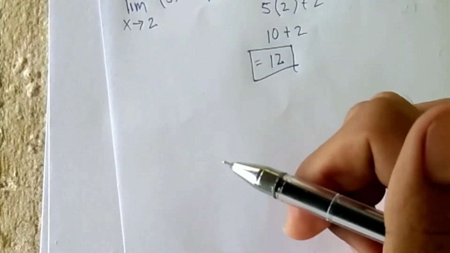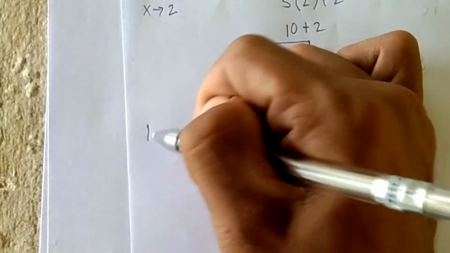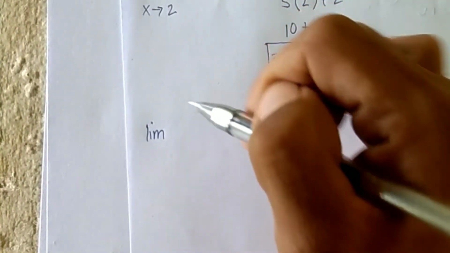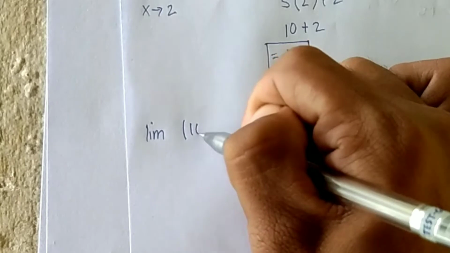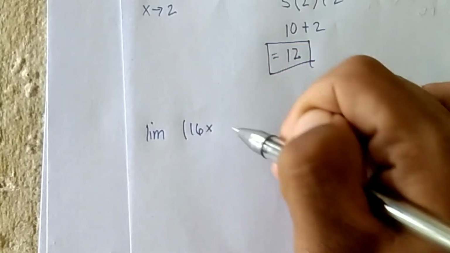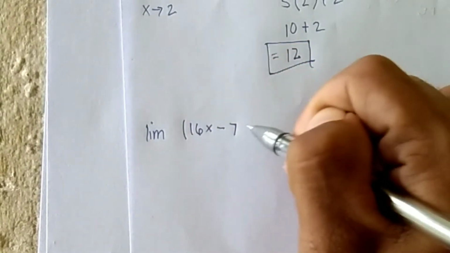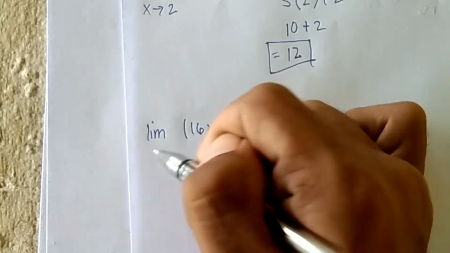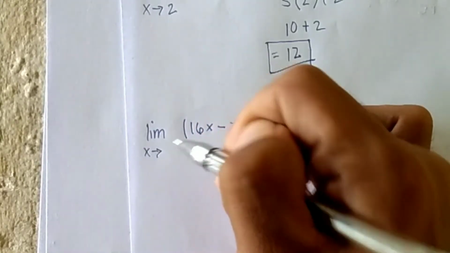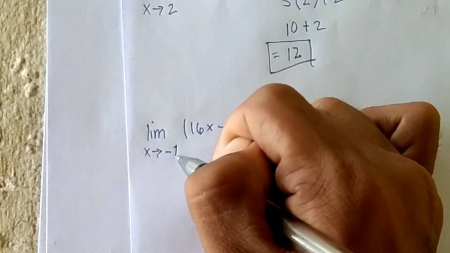Okay, the next example is, next na example natin, limit of 16x minus 7 as x approaches negative 1.